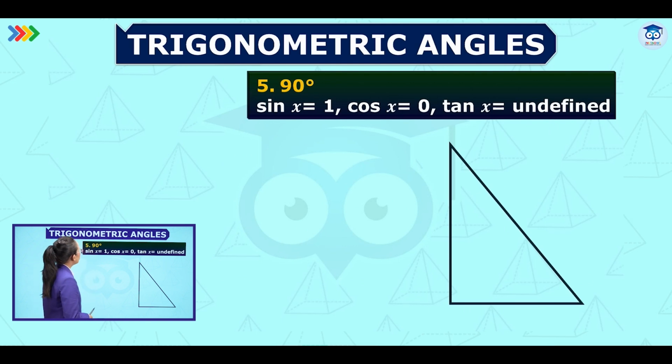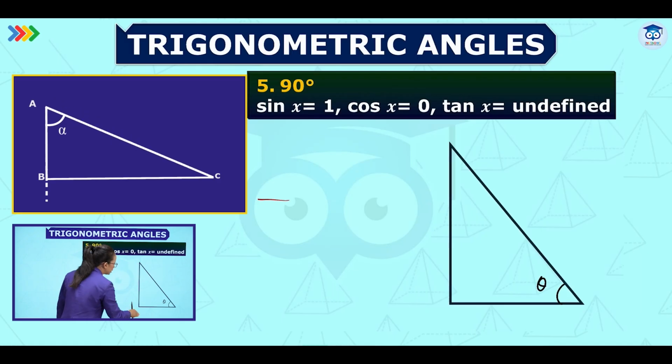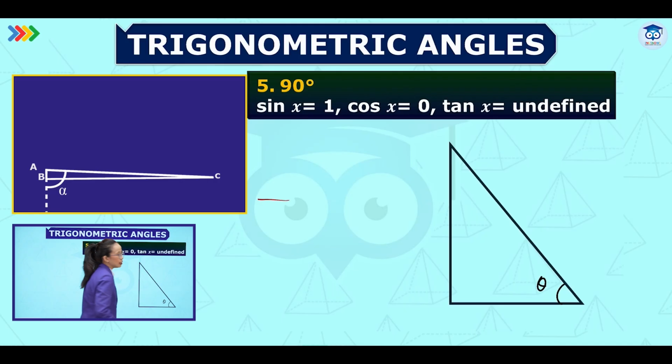Last we have the 90 degree. To define for 90 degree, consider how we make this side 0 when we press down. So this becomes 0, and when we bring this to 0 length, the angle theta becomes 90.